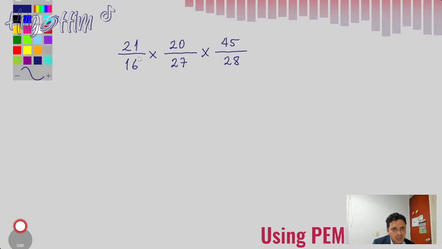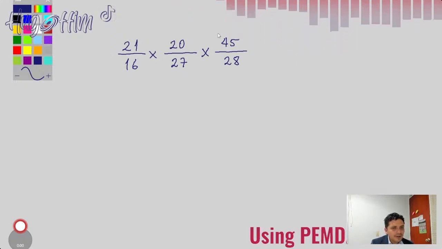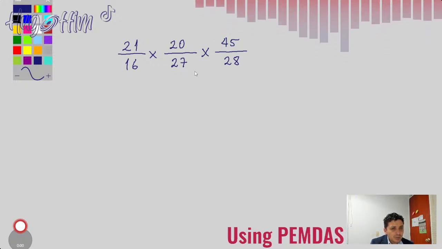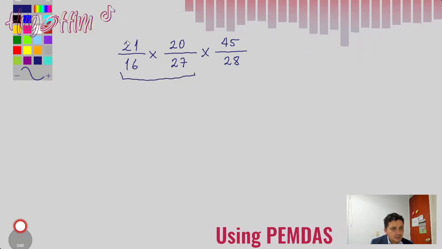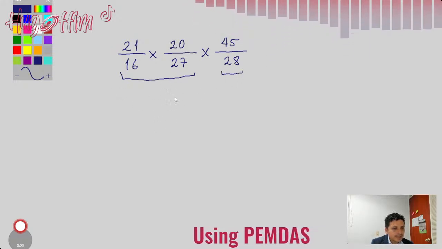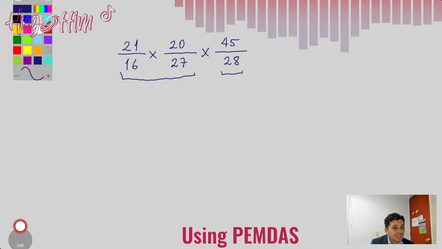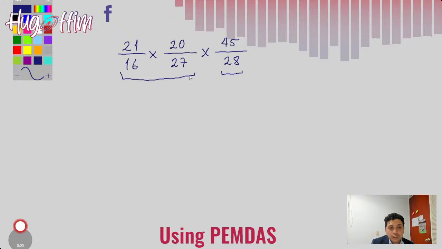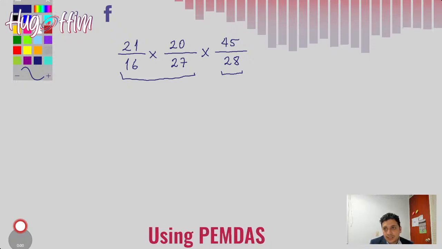Okay, what happens if you have 3 fractions multiplied? You can use 2 options. First option is that you operate these 2 fractions, and the answer multiplied by this fraction, and that's it. But as this is a multiplication, you can just find common factors at any place.